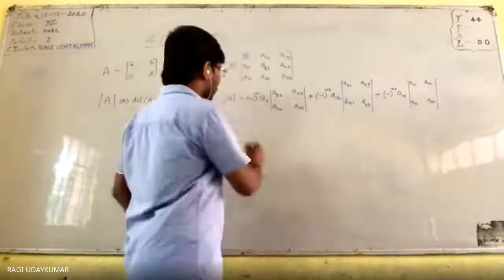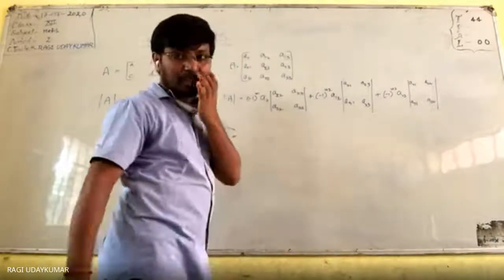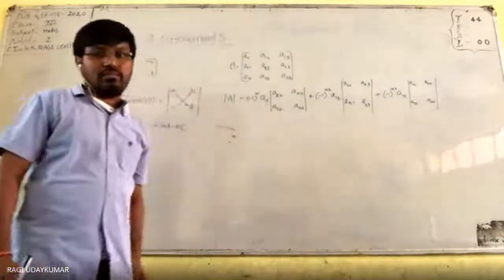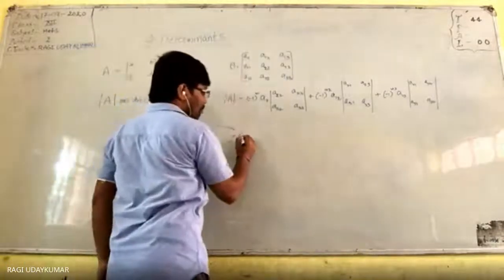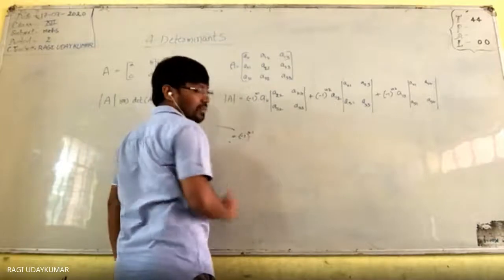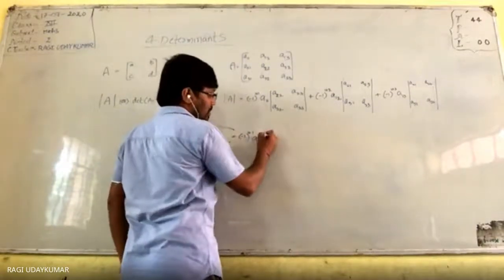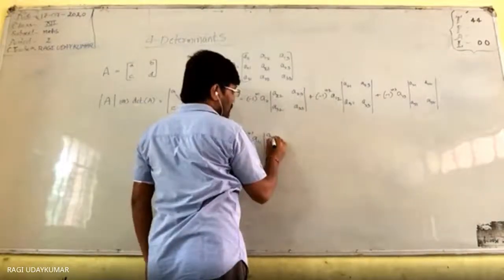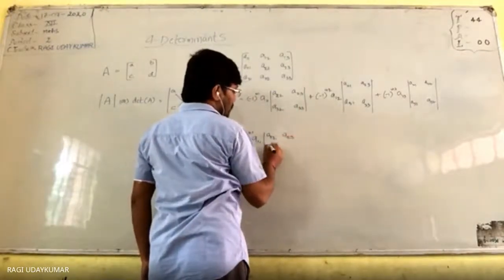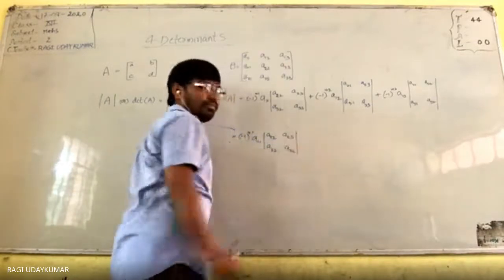Suppose this will be equal, column wise if you take. If I want to expand it along the column, then minus 1 to the power of 1 plus 1, this is 1 1, this column, so delete this row and column. The first one is the same: A22, A23, A32, A33.